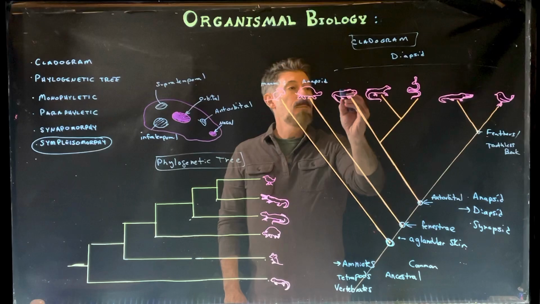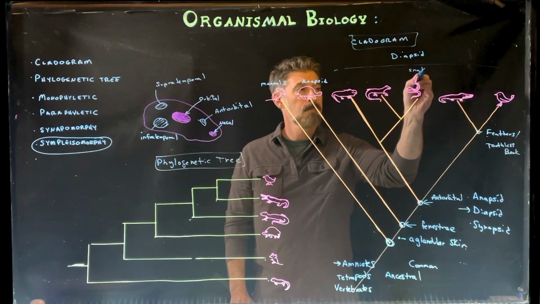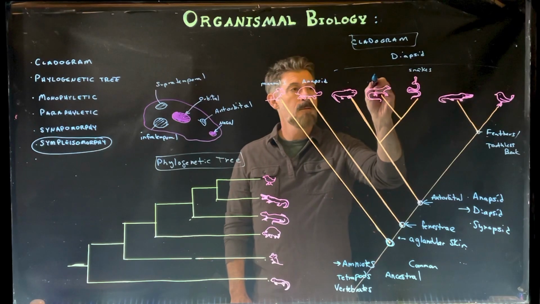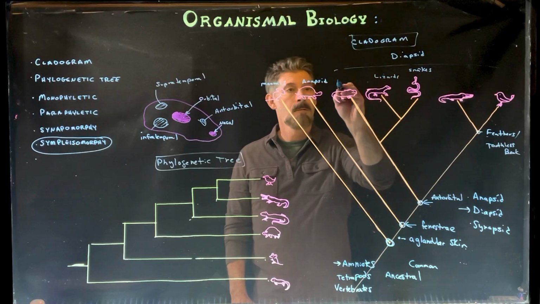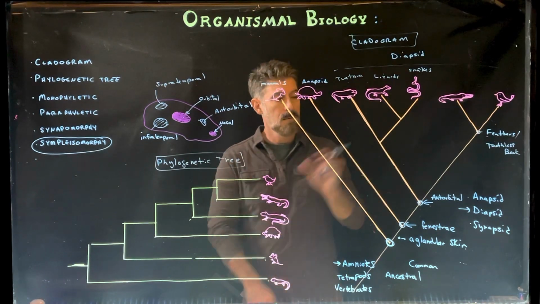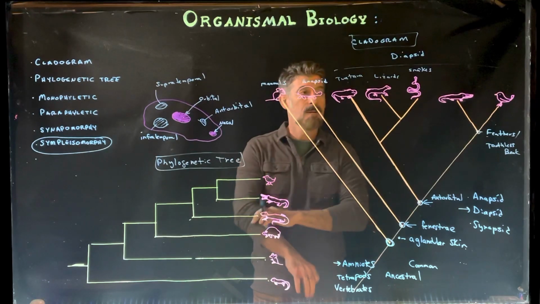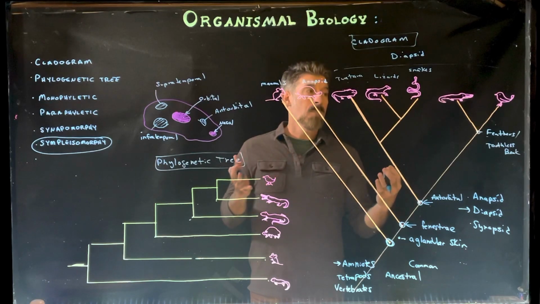You can also see this group here with the snakes, lizards, so the squamata, and tuataras, another lizard-like group, but they're different. They have their own unique characteristics and traits. You can see here they get branched off.